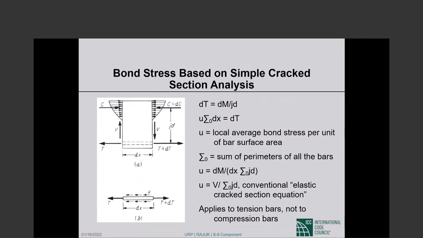The same picture, but now we will look at a few things. So dT, the incremental tension in the reinforcement, is the incremental moment between the two sections, the left and the right, divided by the lever arm. Okay? Tension is equal to moment divided by lever arm. So this is an understandable relationship.